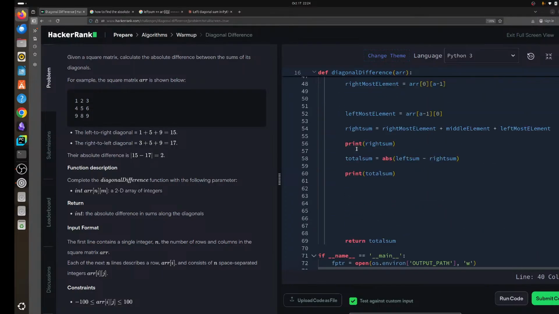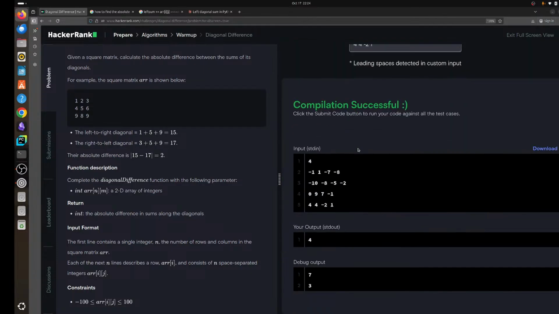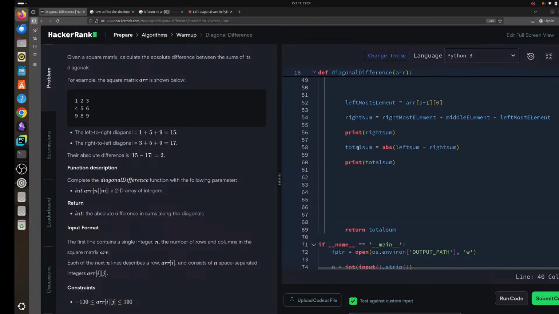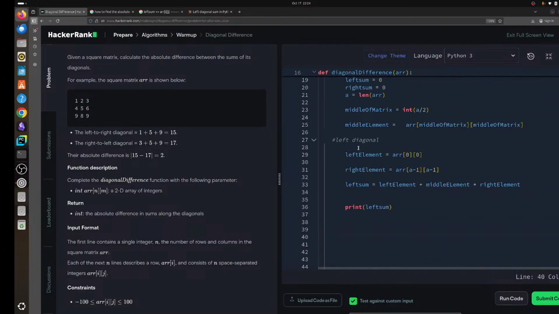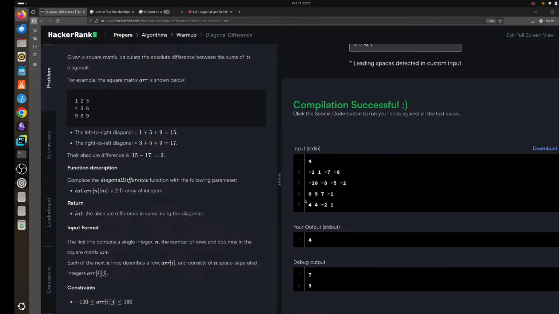Left element 0, 0. Yes. So in this case, -1, 7... One will not be.